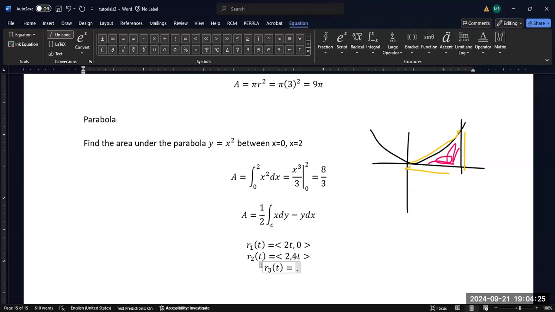And now we need to come back down the parabola from x equals 2 to x equals 0. So we want x to be negative, and we want the path to be x squared.